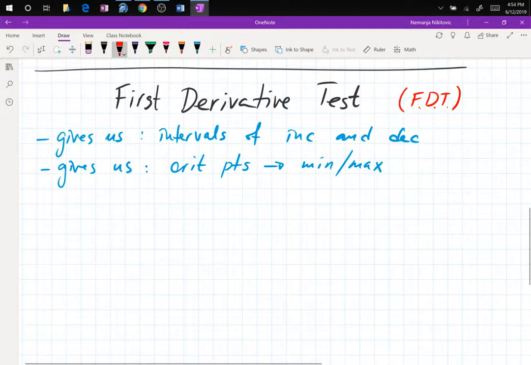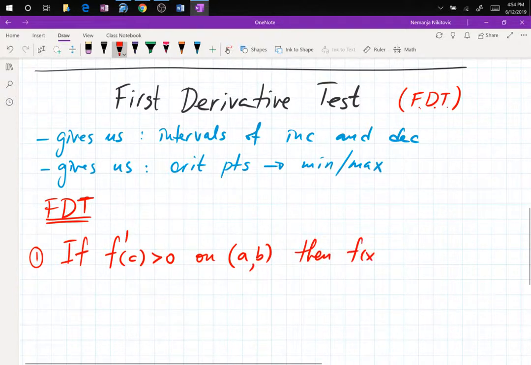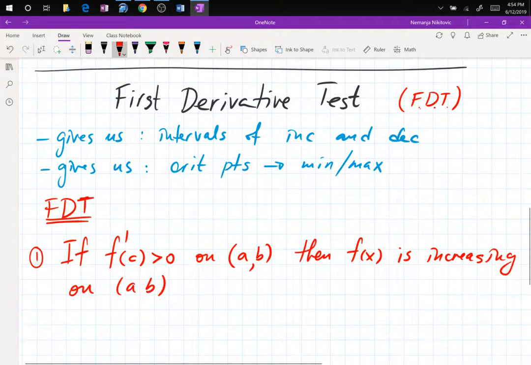So here is the FDT statement. Number one, if f prime at some point C is larger than 0 on interval AB, then f of x is increasing on AB.